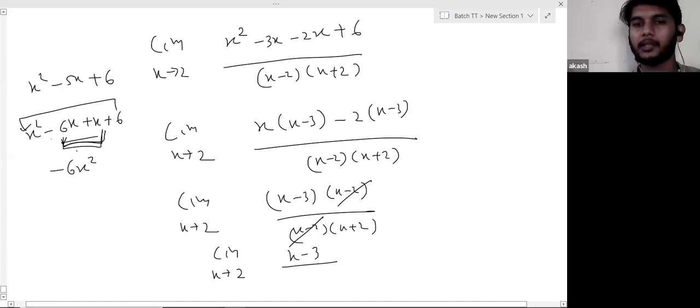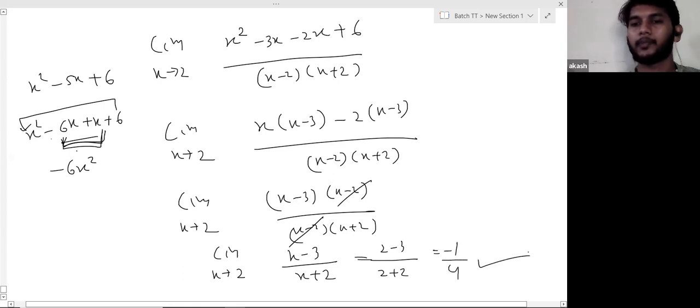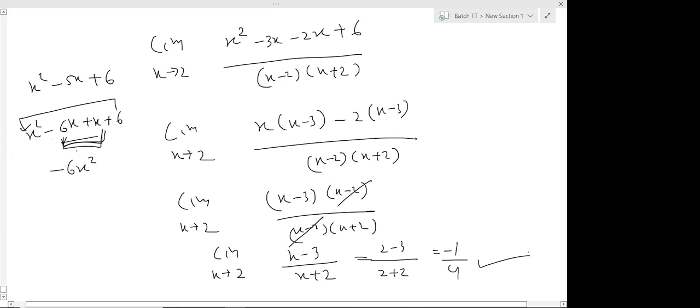So finally we have x minus 3 upon x plus 2. Now we can put again direct substitution. So 2 minus 3 upon 2 plus 2. This is minus 1 upon 4. I hope this is clear. Yes, sir. All right, please note it down.